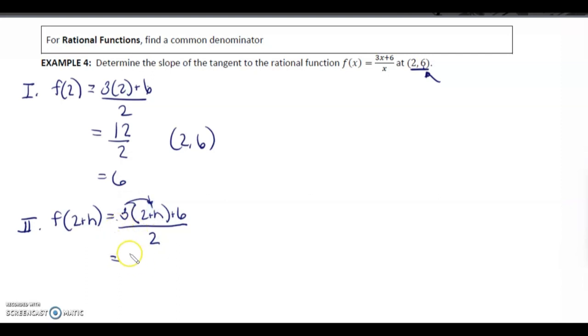Let's distribute that in. So we get 6 plus 3h plus 6 over 2. So I get 12 plus 3h over 2. Oh, my mistake. The denominator is actually 2 plus h, because this was also x in the denominator.